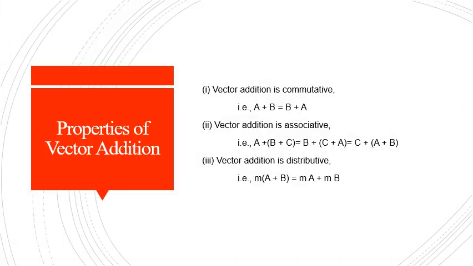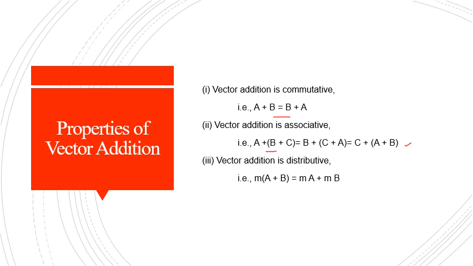Let us see the properties of vector addition, students. The first property is that vector addition is commutative, that is A plus B equals B plus A. The second property is that vector addition is associative, that is A plus B plus C is equal to B plus C plus A and C plus A plus B. This nature is nothing but associative nature.